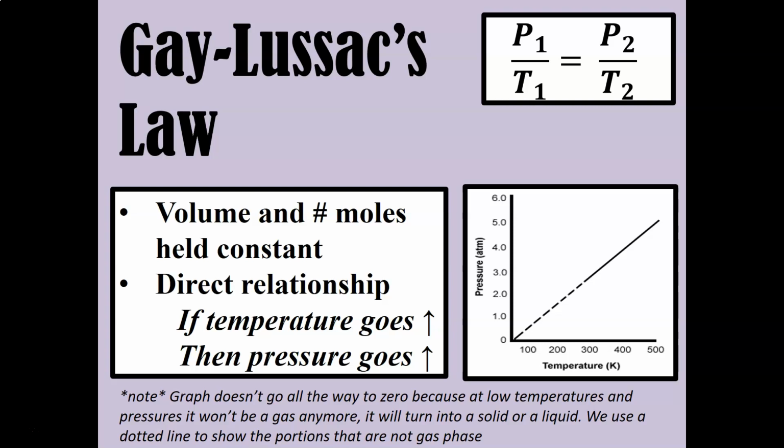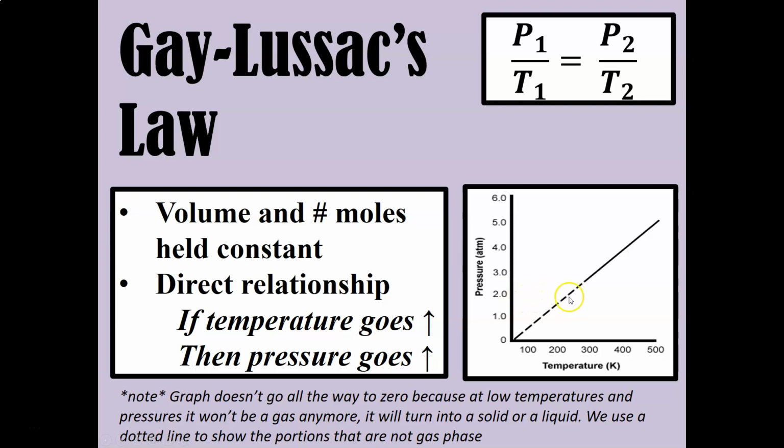Now you're going to notice too that it's not going to go all the way to the 0 point. The reason for that is a little different here. That's because at some point, if you get cold enough, right? Say we're at 2 atmospheres of pressure, right?